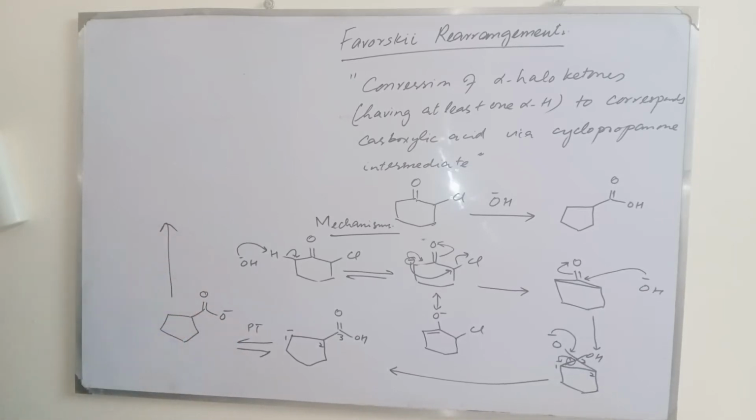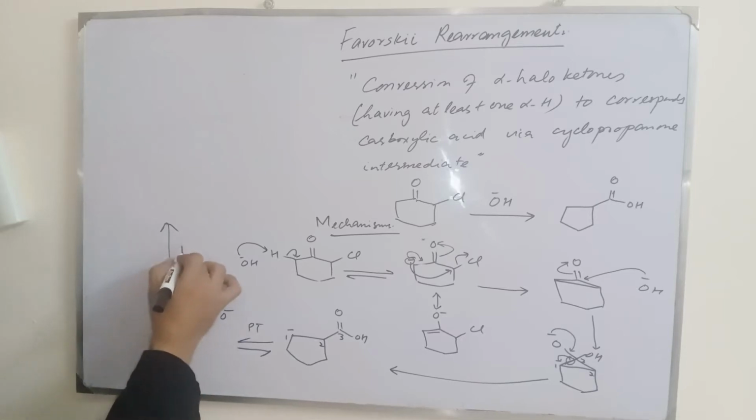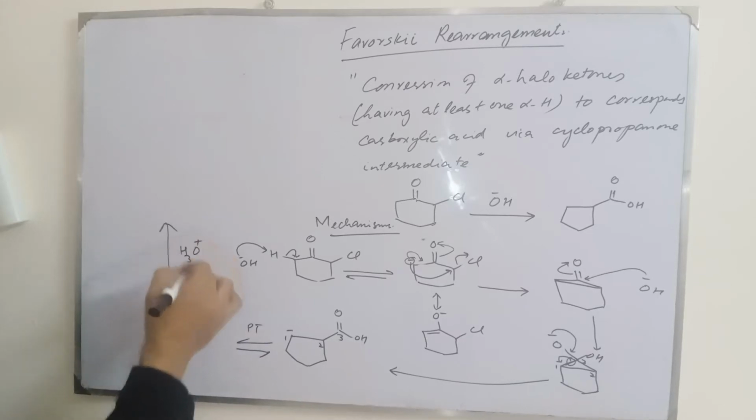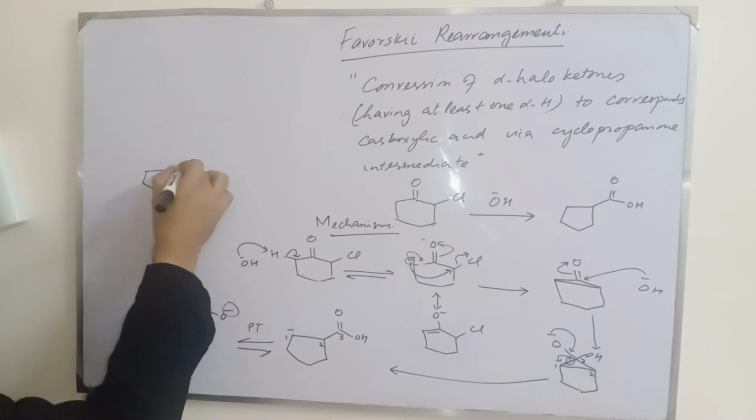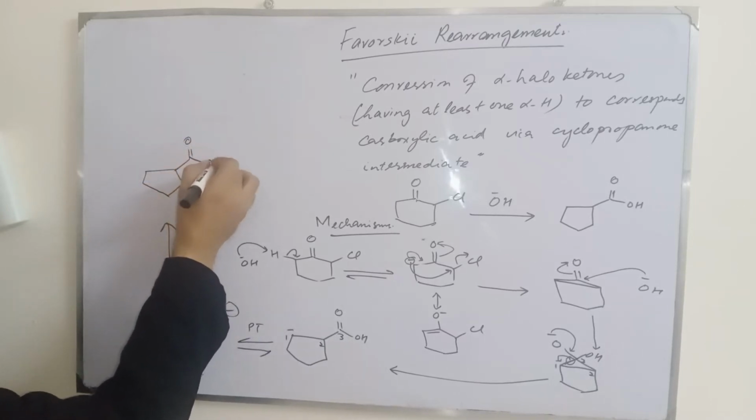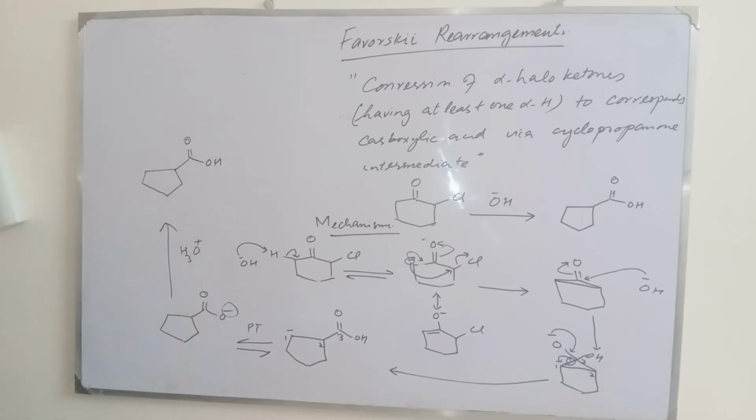And as we have discussed earlier as well, when a reaction is started with a base, in general that is quenched with acidic water. So this would take the proton from acidic water and we will get this carboxylic acid as a result of ring contraction.